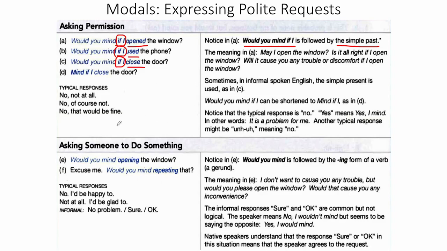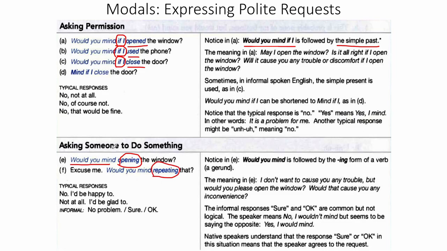The next rubric, which is asking someone to do something, we use would you mind as well, as you can see here, but it's a different way, because here it is followed by a gerund. Okay, would you mind opening the window? Excuse me, would you mind repeating that?